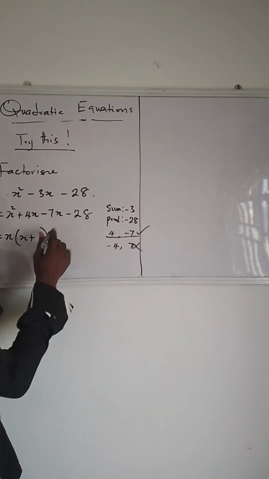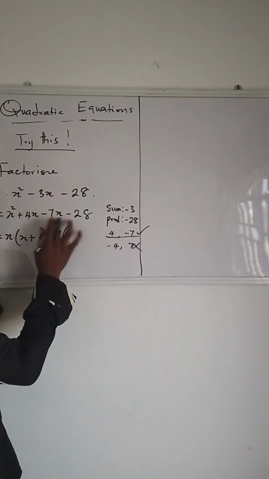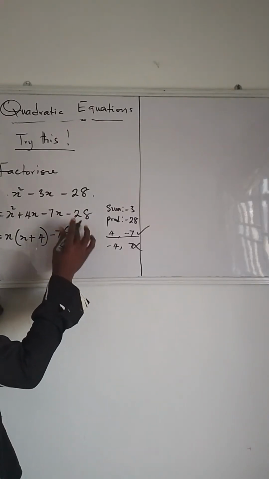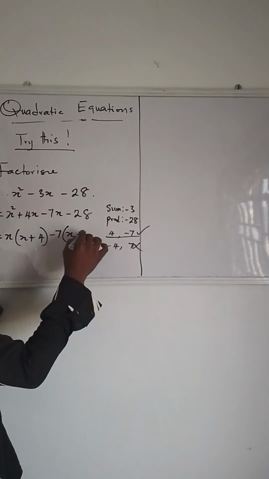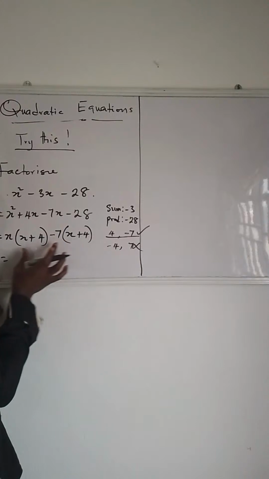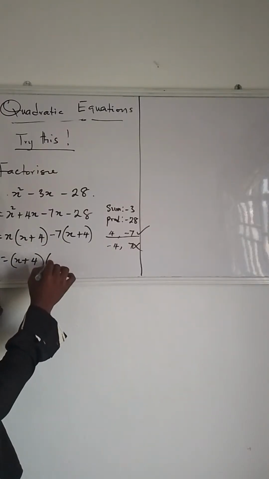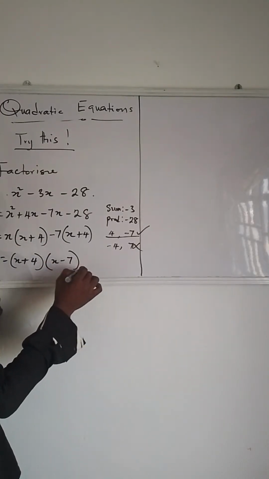So what is the common factor here? That's going to be negative 7. So when you divide this by negative 7, you have x. Divide this by negative 7, you have plus 4. All right? So you can see now the common factor is x plus 4. So x plus 4, we are left with what? X minus 7. So this is going to be the answer.